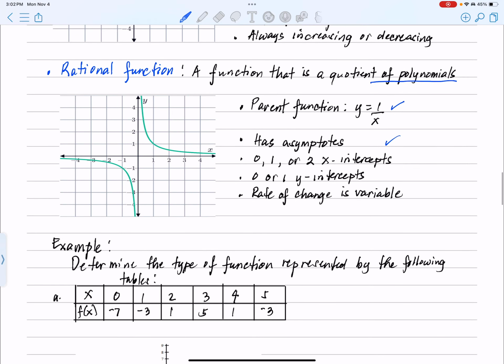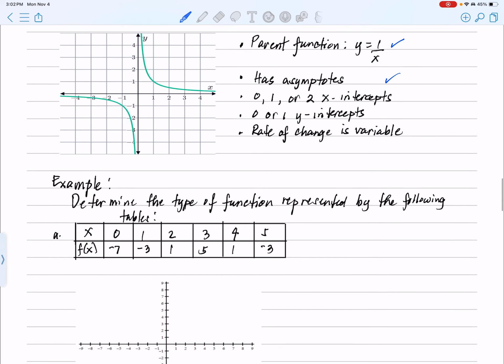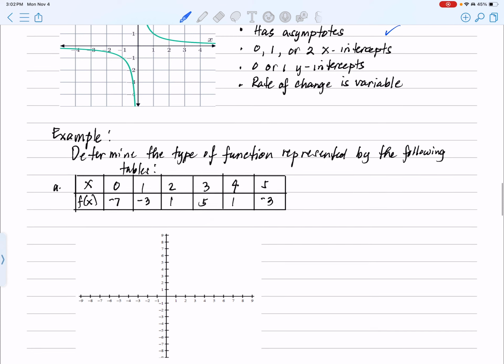All right, let's have an example. Determine the type of function represented by the table. So we try to observe our table. The input values are 0, 1, 2, 3, 4, 5.